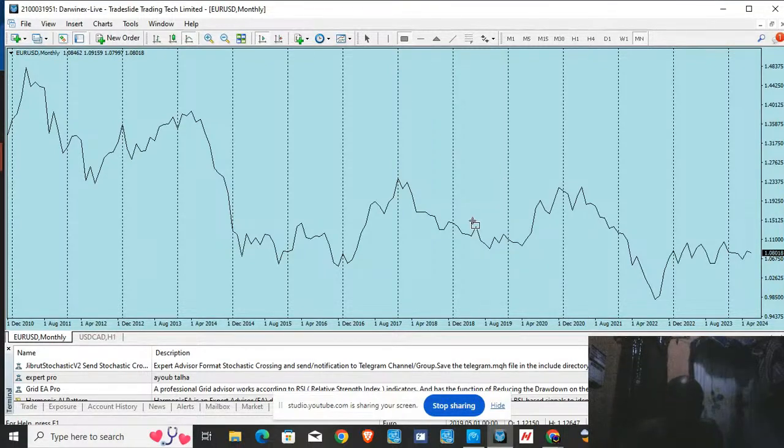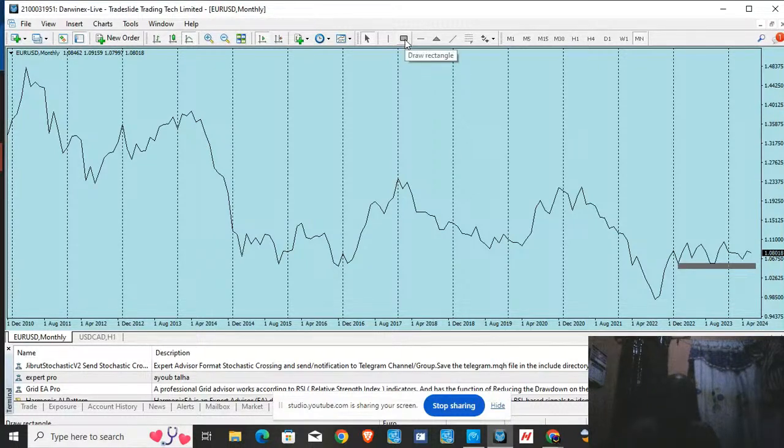Here I'm seeing a curve, and another curve. This is the most recent one, so we can remove this one. We are going to use the most recent ones because before the market could get to the other areas, it may take too much time.